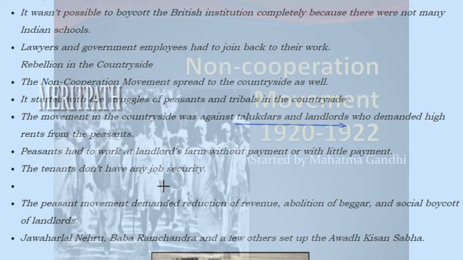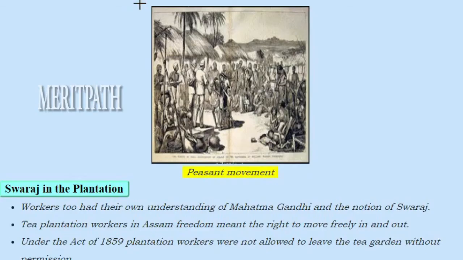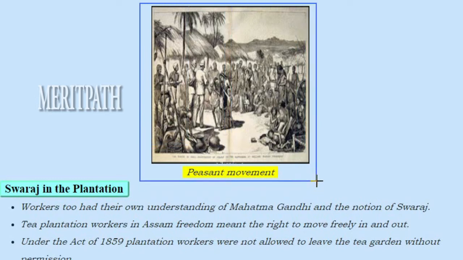The tenants did not have any job security. The peasant movement demanded reduction of revenue, abolition of begar, and social boycott of landlords. Jawaharlal Nehru, Baba Ramchandra, and a few others set up the Oudh Kisan Sabha. An image which shows the peasant movement.